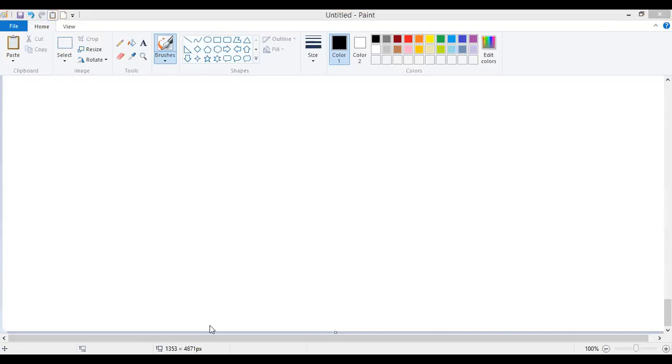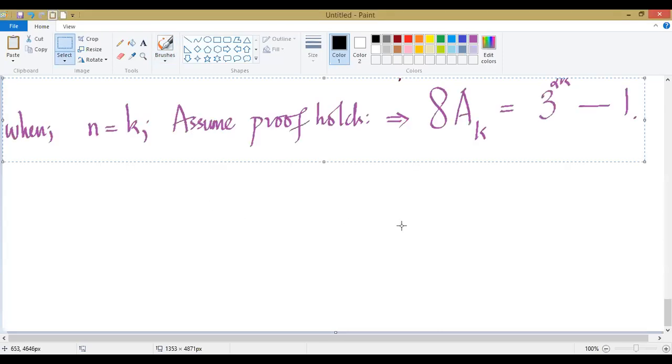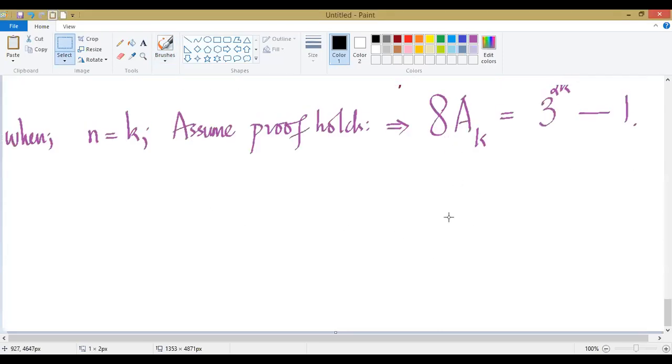Remember, our last stage was at n equal to k. So we have just made an assumption at k as so.